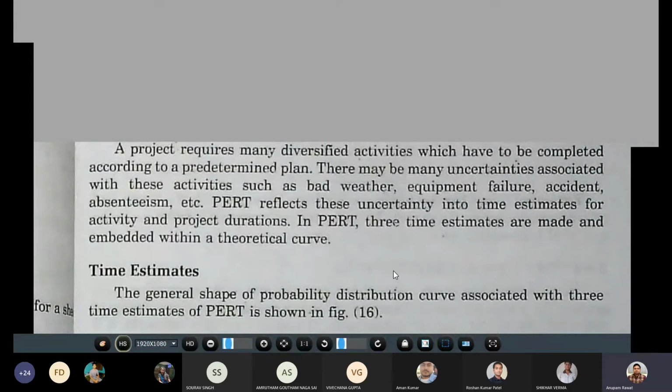A project is composed of many diversified activities which contribute to its completion according to the defined schedule. It is a technique that statistically presents knowledge about these activities and their uncertainties also.